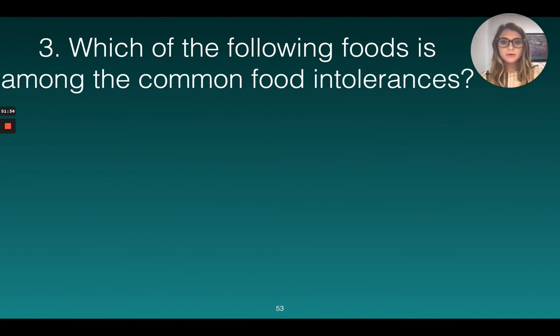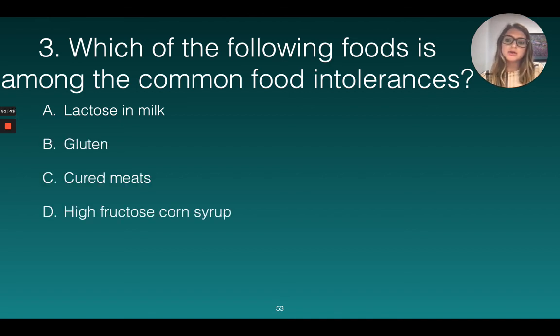Number 3, which of the following foods is among the common food intolerances? We have A, lactose in milk, B, gluten, C, cured meats, D, high fructose corn syrup. I'm sorry, E, all of the above.